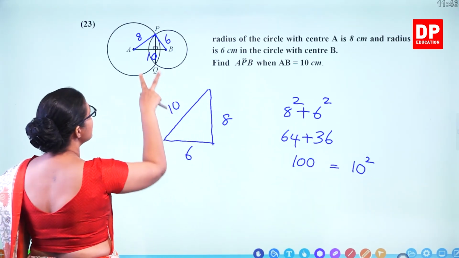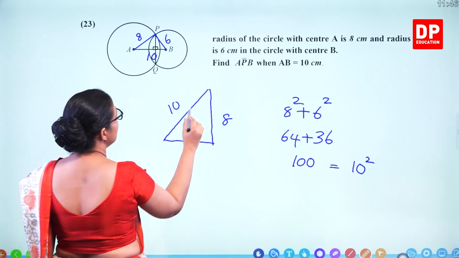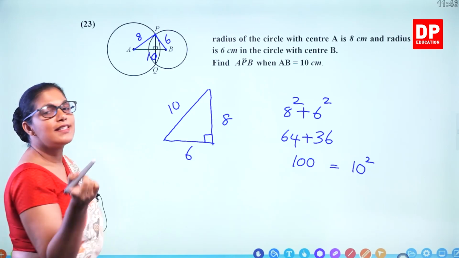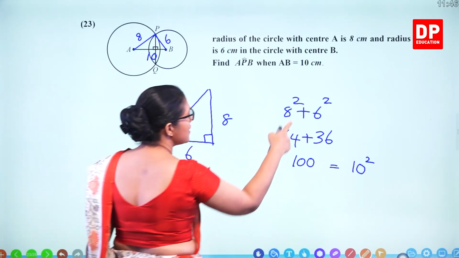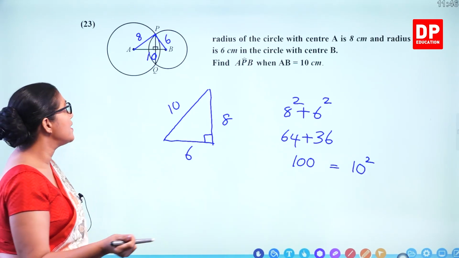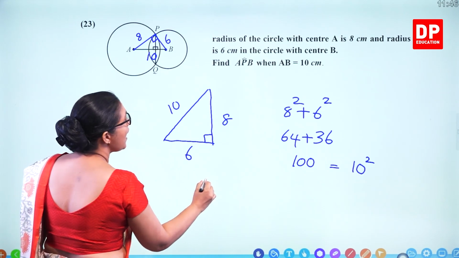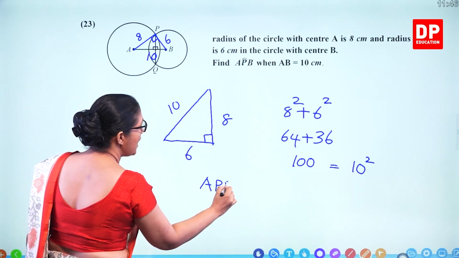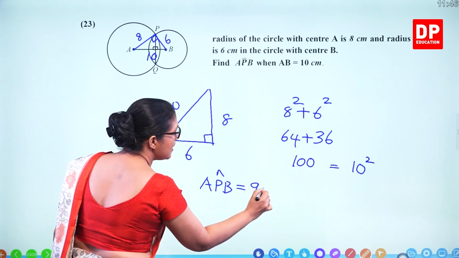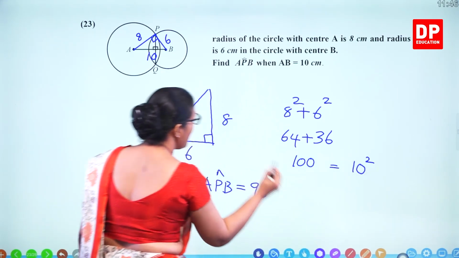So the other side is 10. That means this angle opposite to this is 90 degrees. So you get this is equal to 10 squared. So Pythagoras theorem is satisfied in this situation. So this is 90 degrees. So APB angle is 90 degrees. So 2 marks for that.